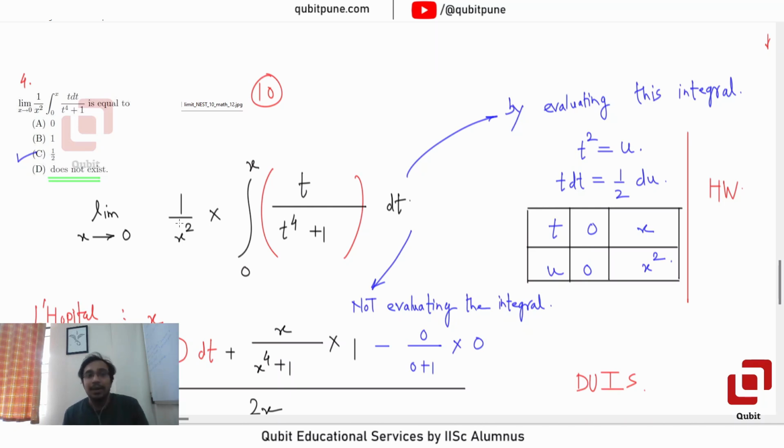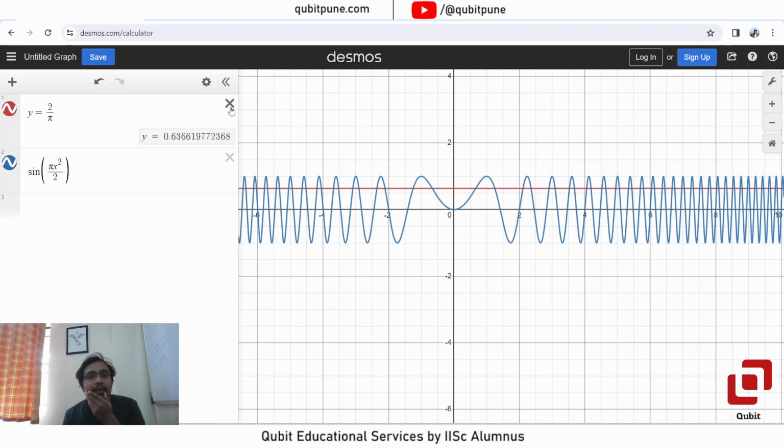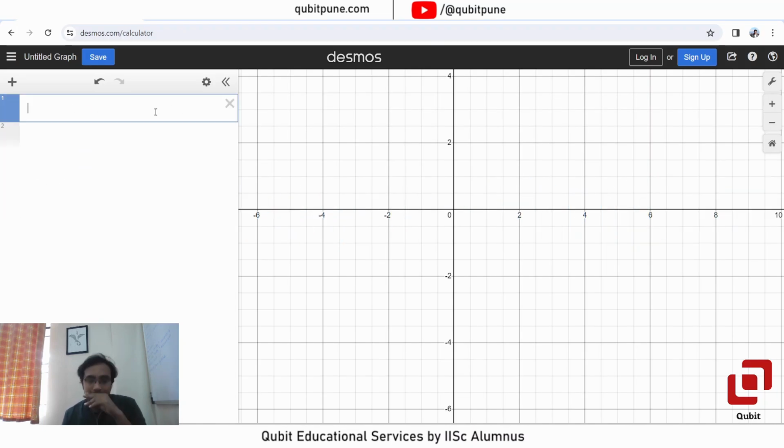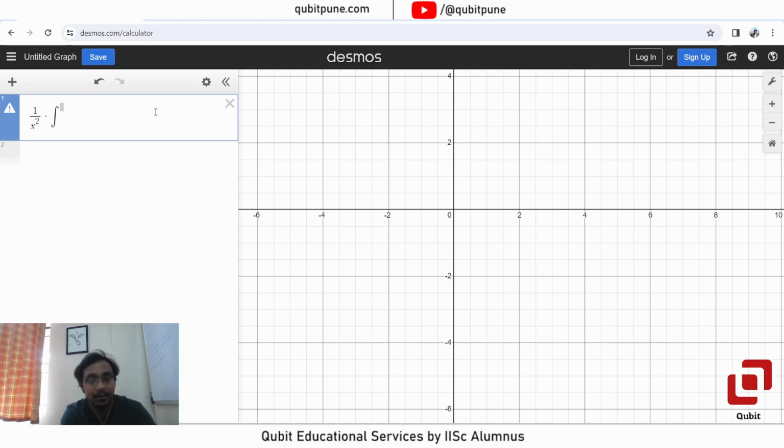Now let's verify it on Desmos. It also does all that stuff. So how to verify that? Look. What we can do is go for 1 upon x squared first into the integral from 0 to x, t upon t to the power 4 plus 1 dt.